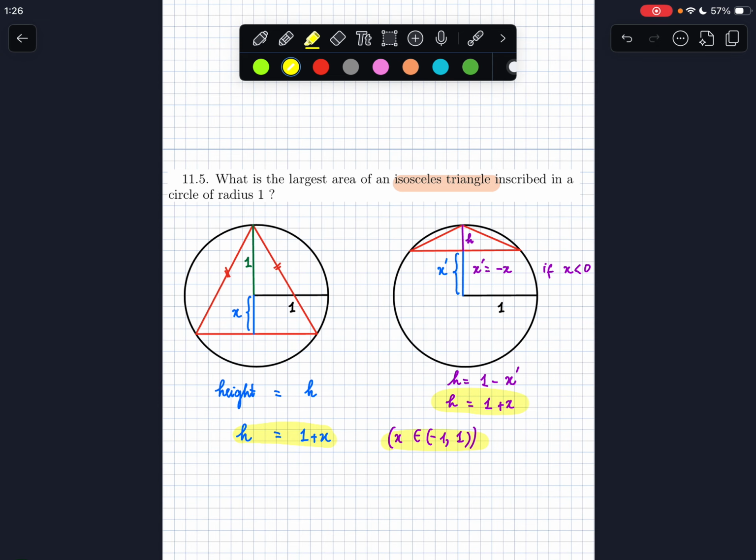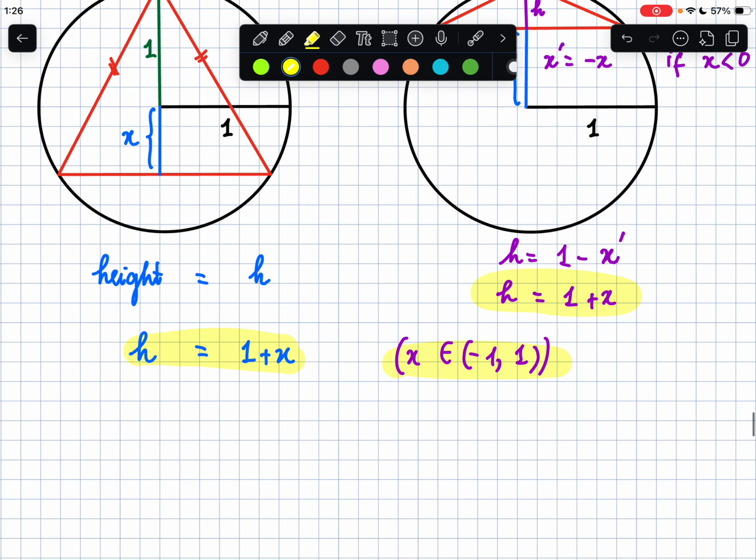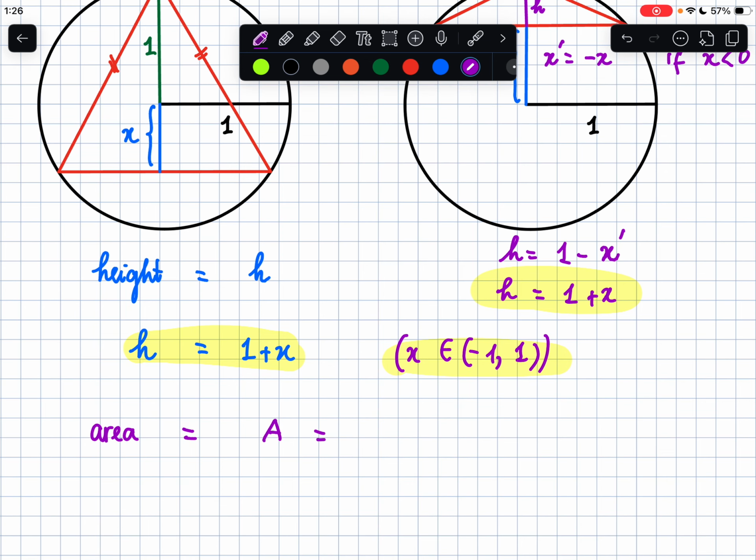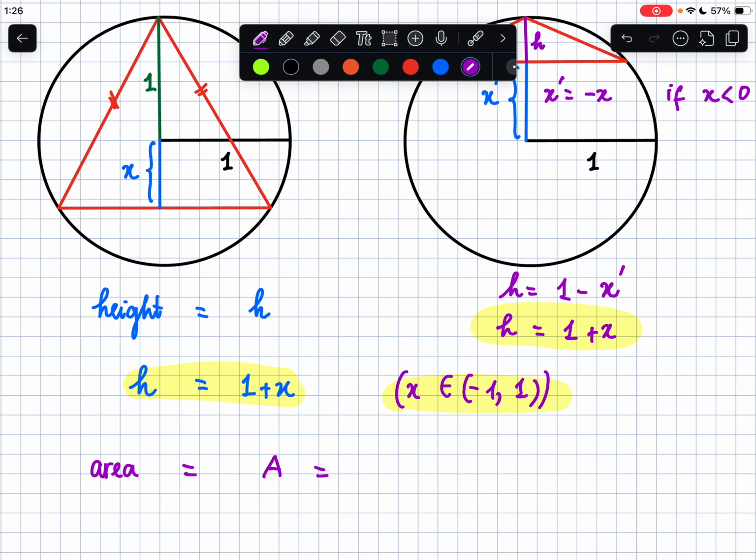Now what is the largest area? I need to write out the area. Let's denote it by A. Area is equal to 1/2 height times base.